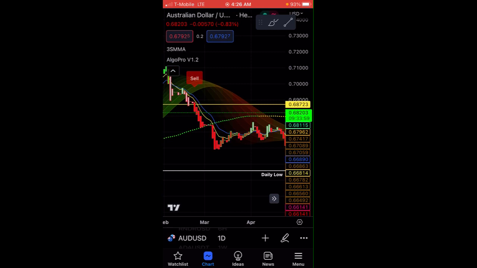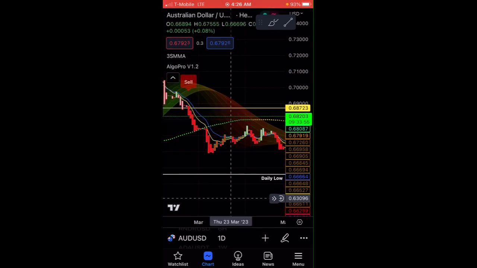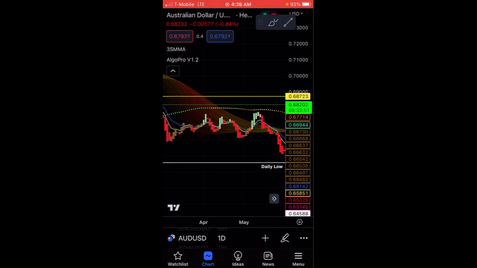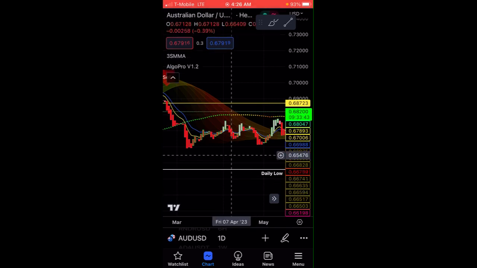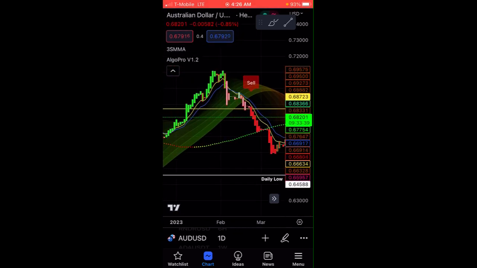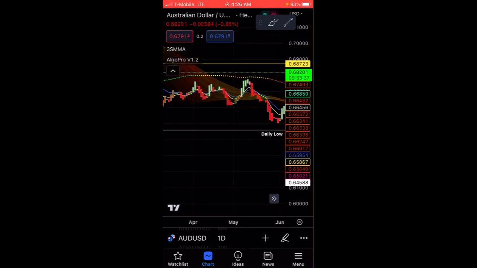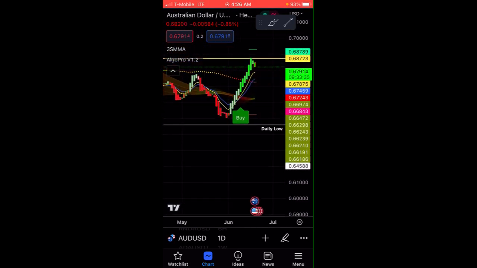You see buy and sell signals, and I'm going to go into the buy and sell signals pretty soon. But you see the cloud here, and basically it gives you a general idea if the trend is getting weaker or getting stronger. If there's a whole bunch of red here, it usually means a downtrend. If there's a whole bunch of green, it's an uptrend. And if it starts weakening out, you know it might change direction.